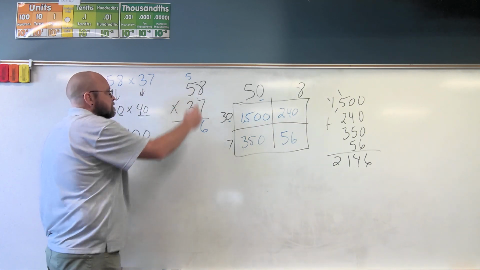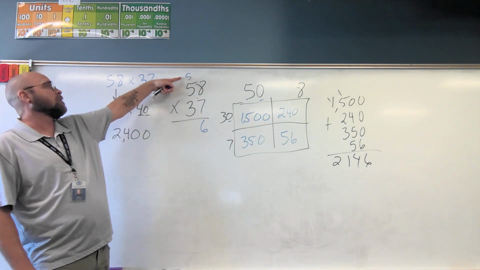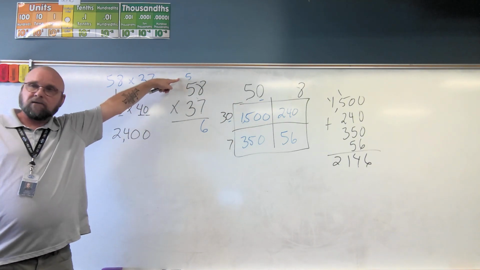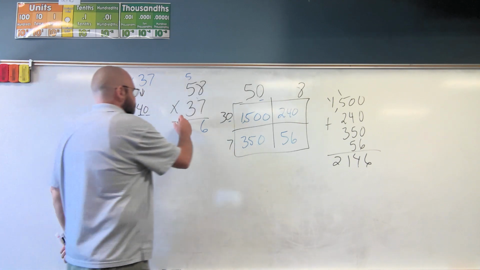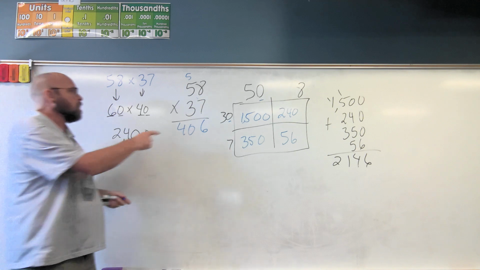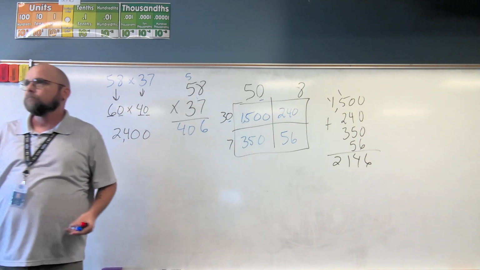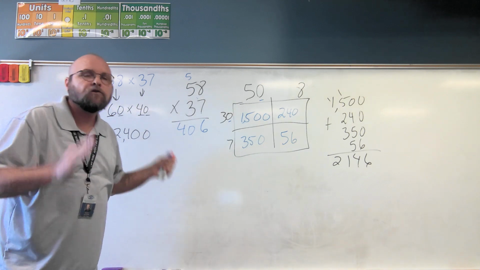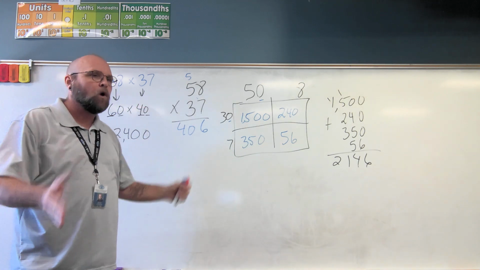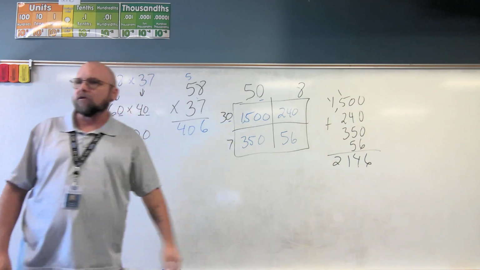Now I do 7 times 5. 35. I have those 5 extra tens, so that makes it 40. All I had to do is multiply 7 times 8 and 7 times 5. You're only doing one digit by one digit multiplication, no matter how many digits are in the factor.